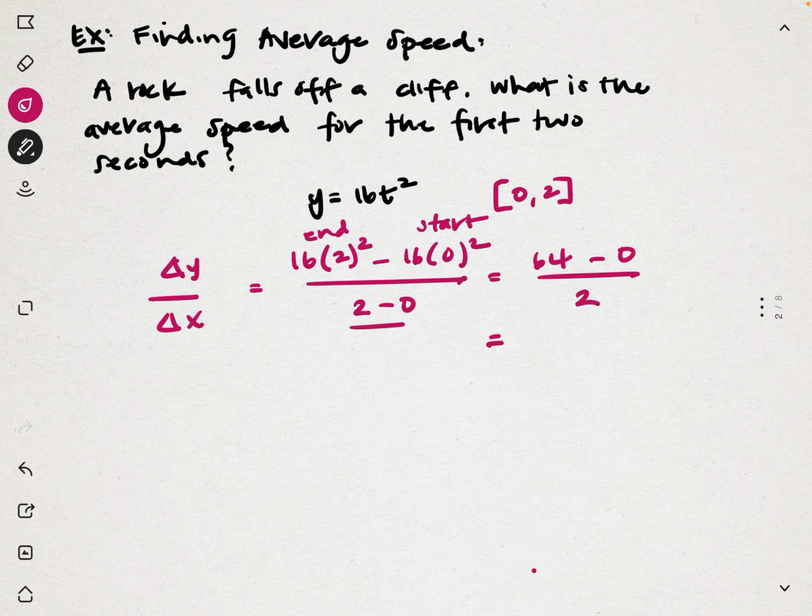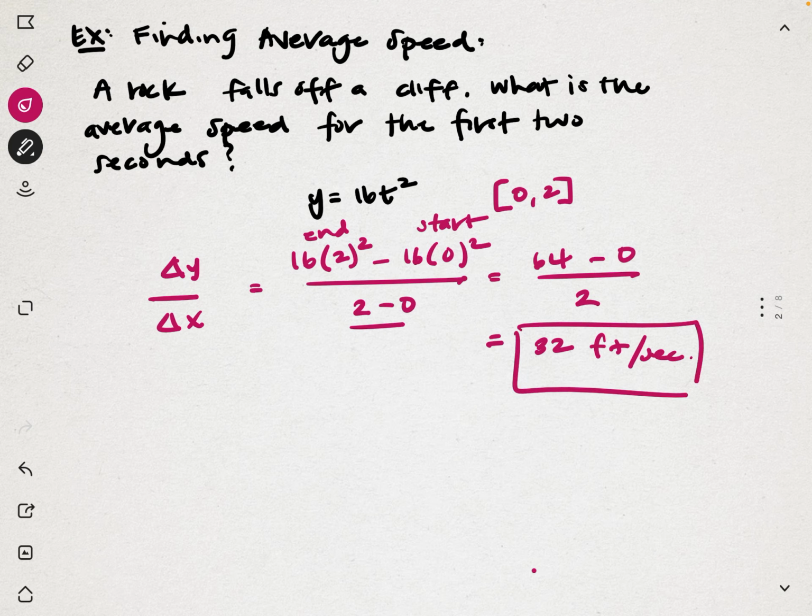So then 64 divided by 2 is 32. It doesn't say the unit, so let's say this is in feet, I think 16 is for feet. So feet per second. So on average, between 0 and 2, it was traveling at 32 feet per second. Now, that doesn't tell us exactly how fast it was going at any time, but over the course of those 2 seconds, its average speed was 32 feet per second.